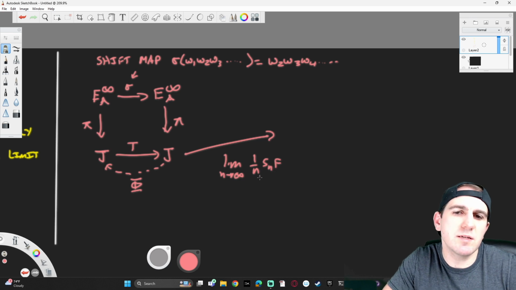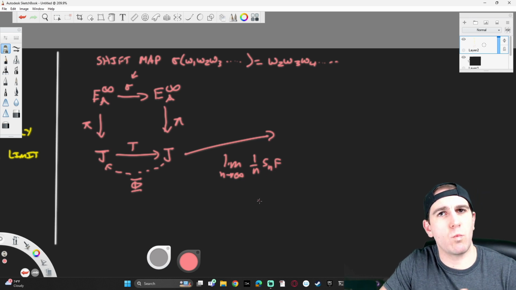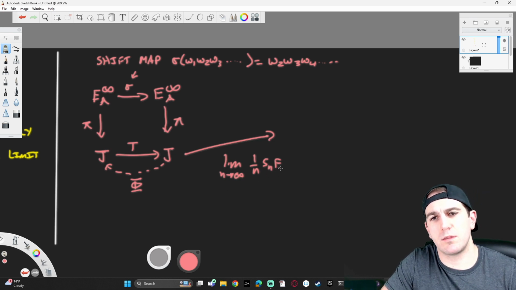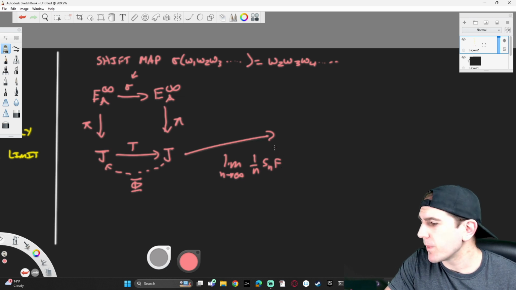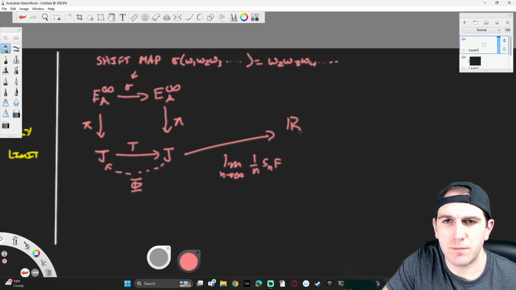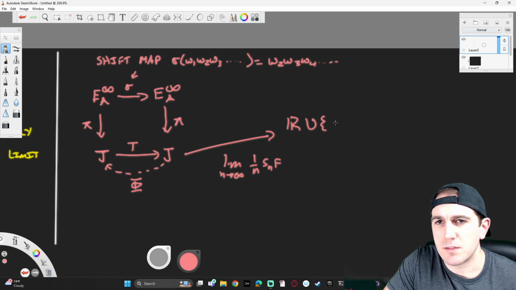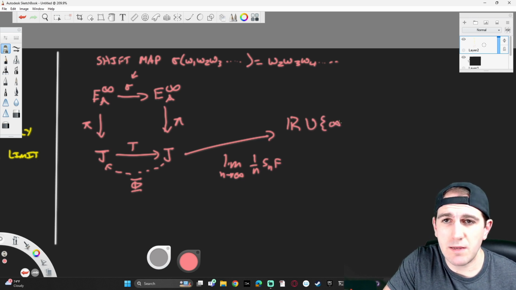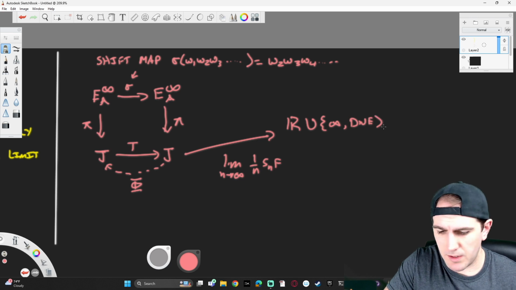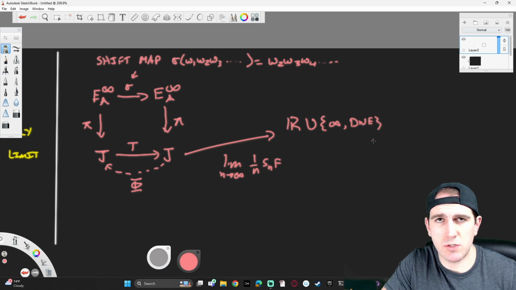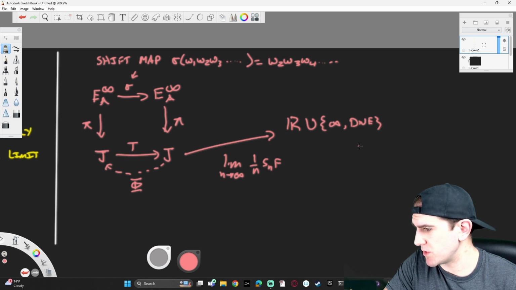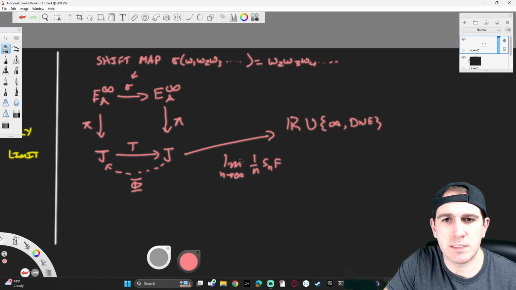So you take some time average, and this S_n is some way of summing over the functions in F. This is going to give you a real number because all of those functions in F are real valued. And so this limit could be infinite, or it could just not exist. I'm distinguishing between the two because we sometimes distinguish between them in the multifractal analysis.